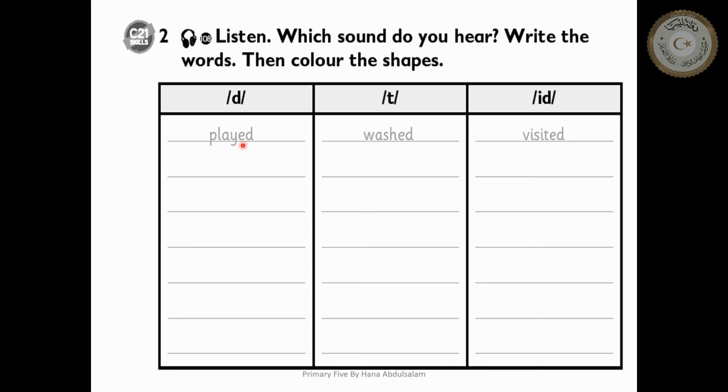So played, repeat after me: played, washed, washed, and visited, visited. So played, washed, visited.